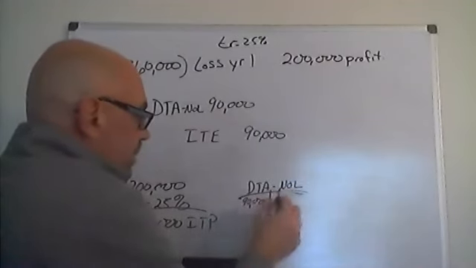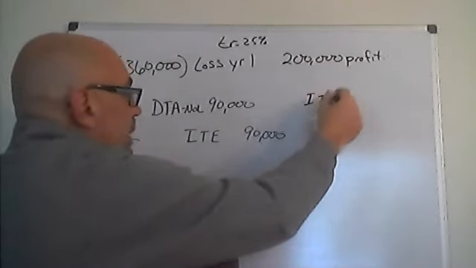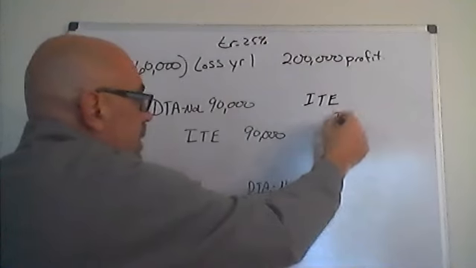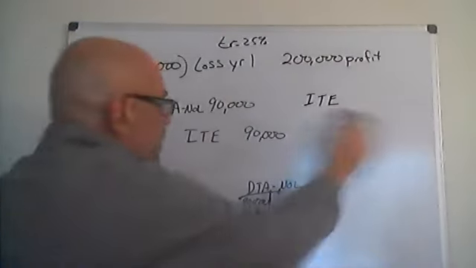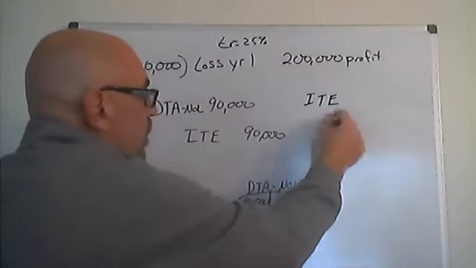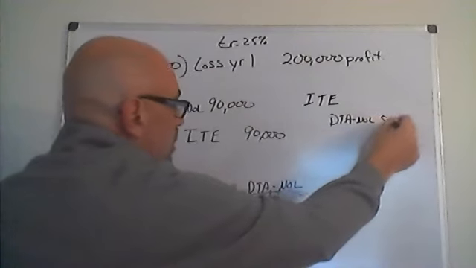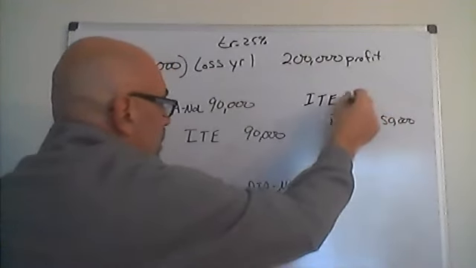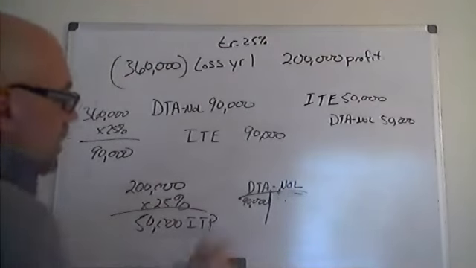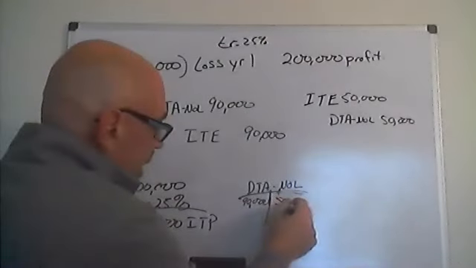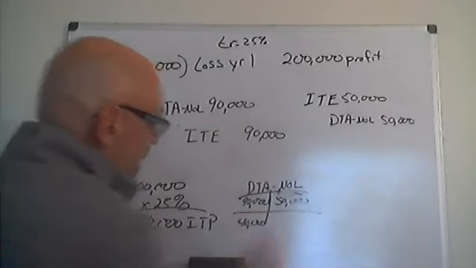It's got 90 in it. So we'll have income tax expense, and instead of income taxes payable, we're going to take off 50,000, leaves us with 40,000 in there.